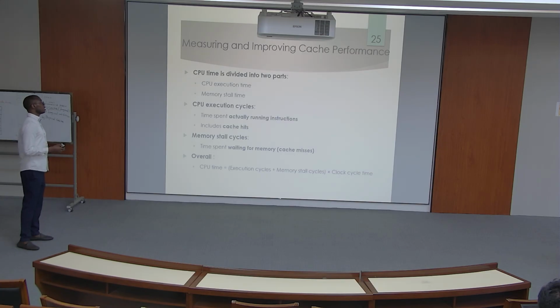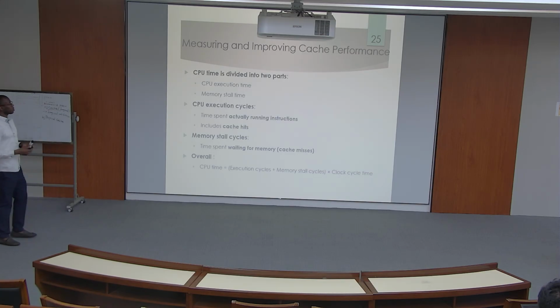So we have to measure and improve the cache performance. That means we have to calculate the CPU time, which has to be divided into parts. We have the CPU execution time, and also we need to evaluate the memory stall time. The CPU execution cycle is the time that the CPU spends actually running instructions. It also includes the cache hits.